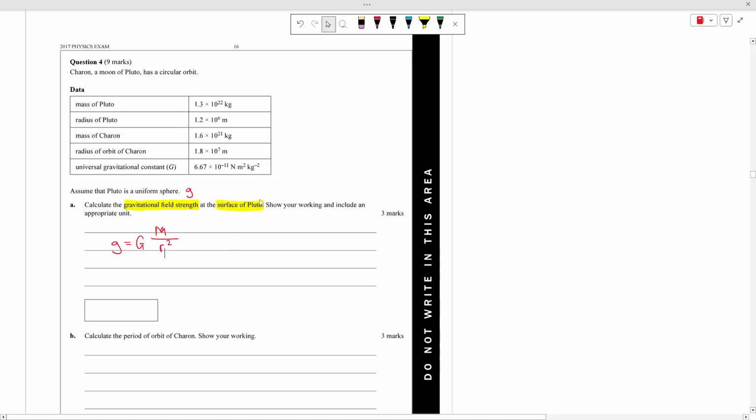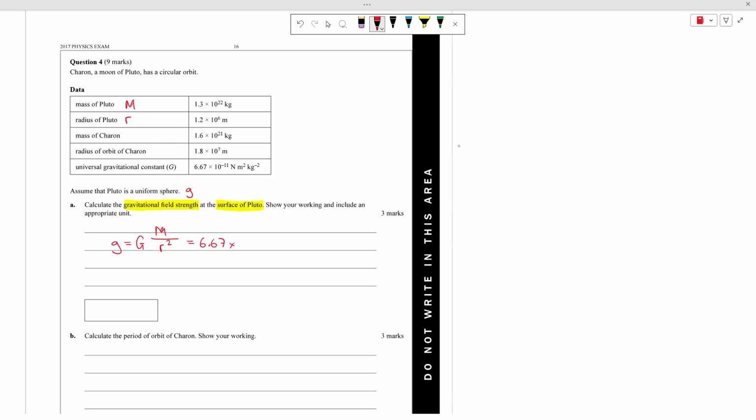Now the fact that we're at the surface of Pluto means that this r is simply the radius of Pluto, the r we're using in part A, and M is the mass of Pluto. So now I just have to work all that out.